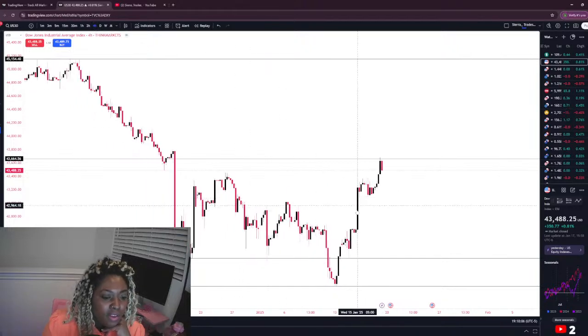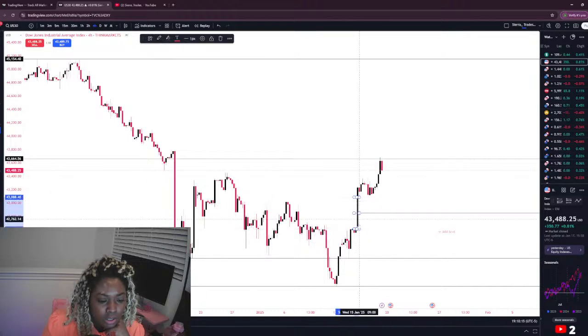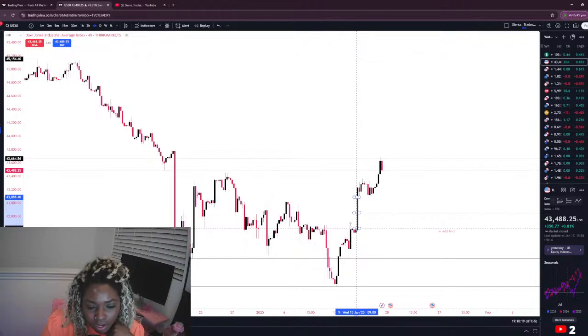All right, so we have this big imbalance right here, which I am going to mark because price could potentially trade back down here and then buy up.